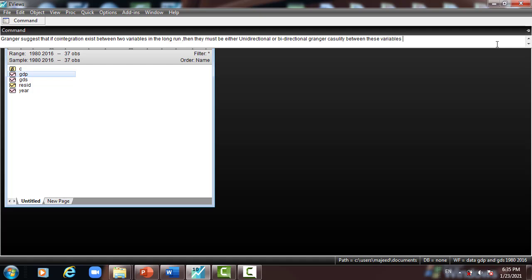Okay. So the cointegrated variables can be represented by a vector error correction model.